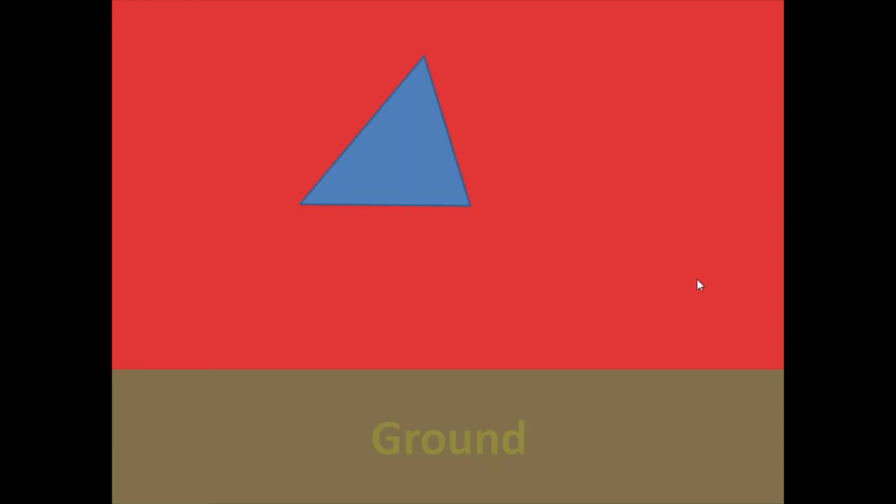So for acute and obtuse triangles, we do something different. First, we choose one of the three sides to be the base. It doesn't really matter which side you choose. Once you decided which side the base is, we're going to imagine setting the triangle down on the ground so that the base is flat on the ground, like this.